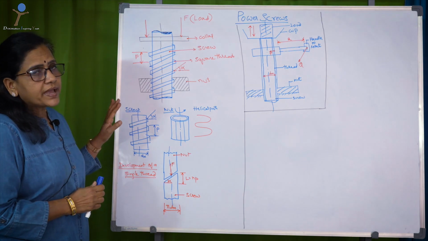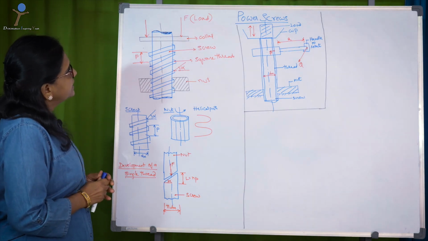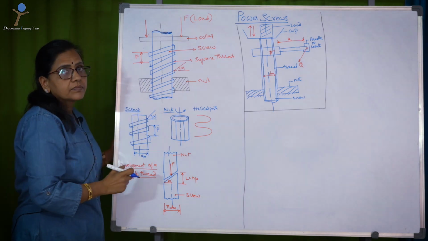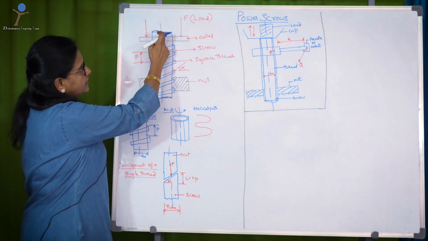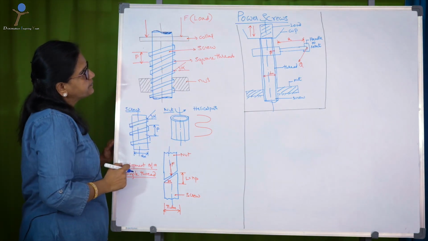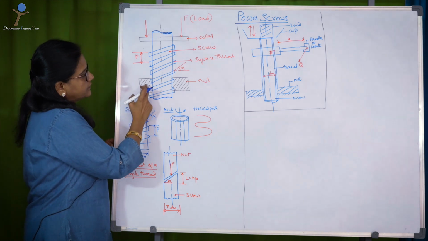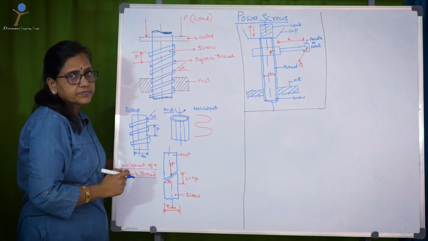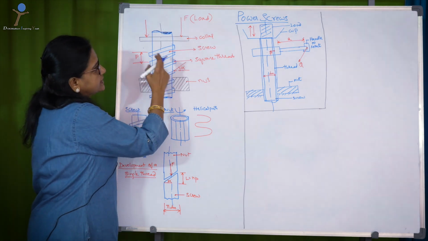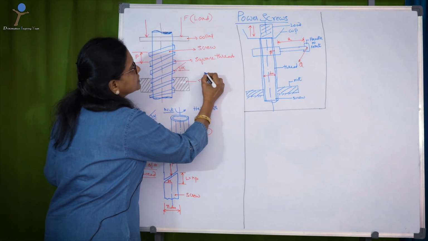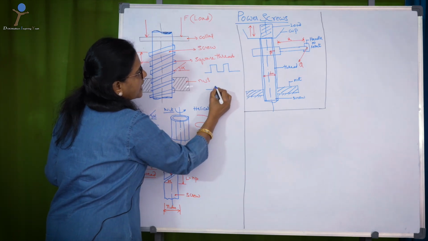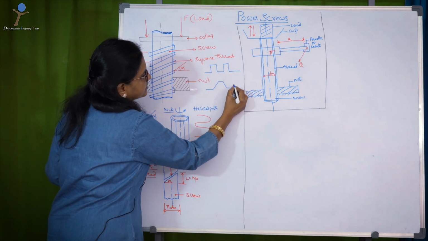The power screw assembly comprises of a screw, that means a threaded rod on which the threads are cut externally. Basically, the threads are of square shape or acme profiles.